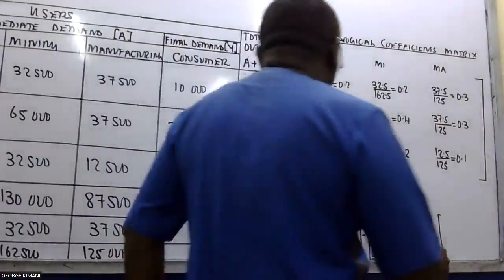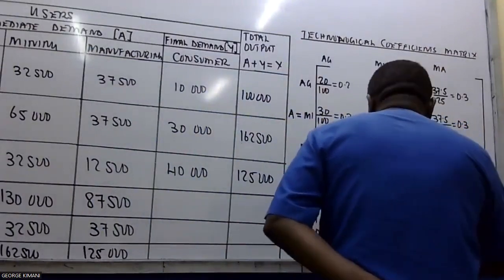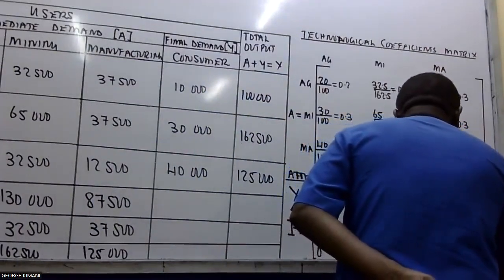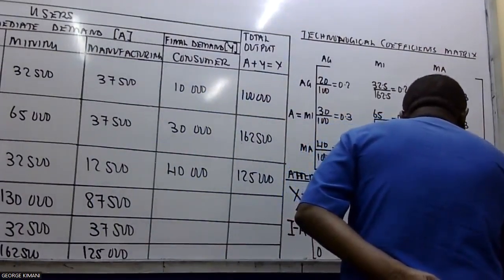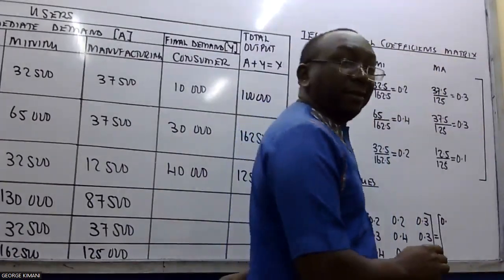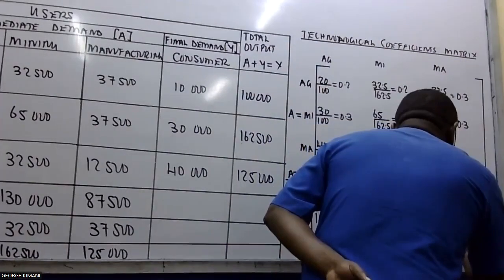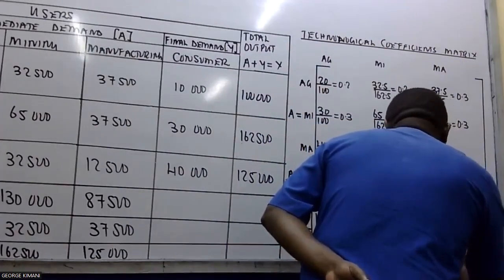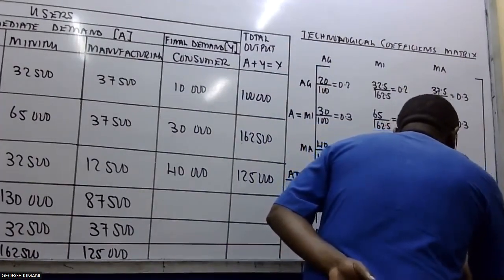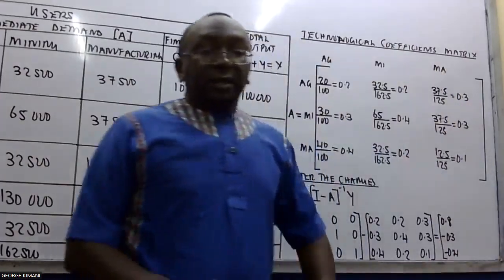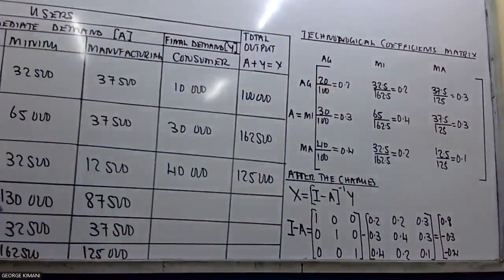You have gotten what? 0.8, then here, and here again, negative 0 point something, and the others. So I believe that you should be able to do that.